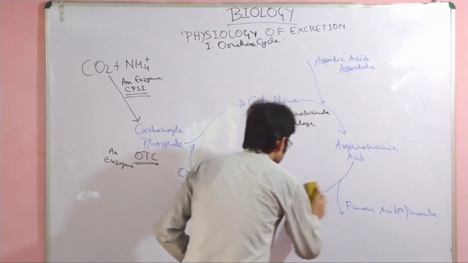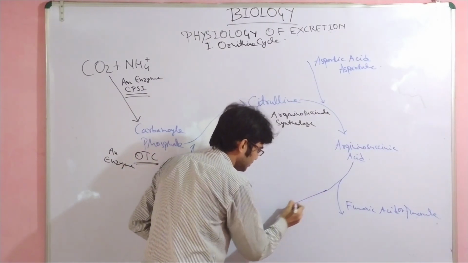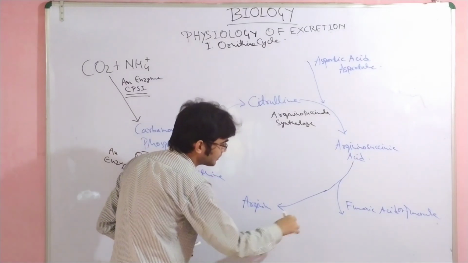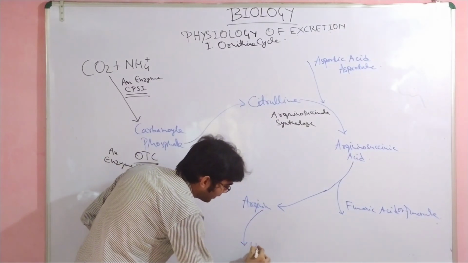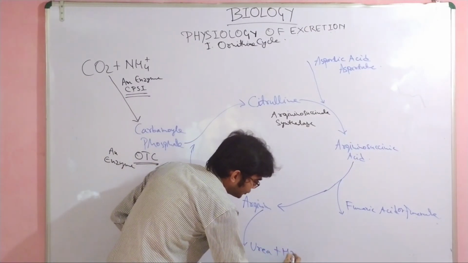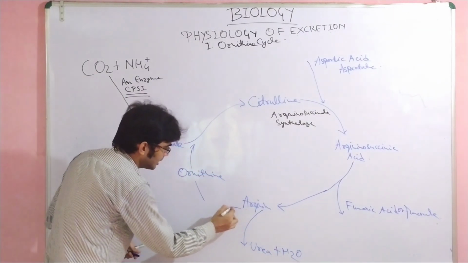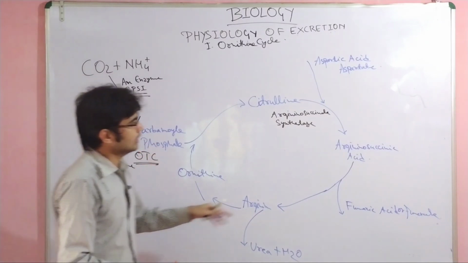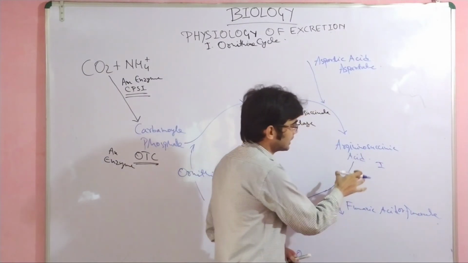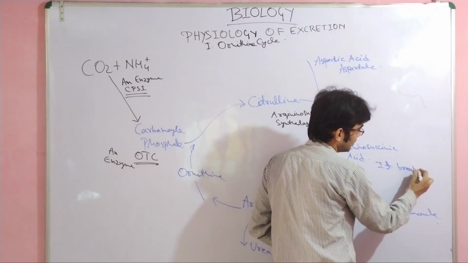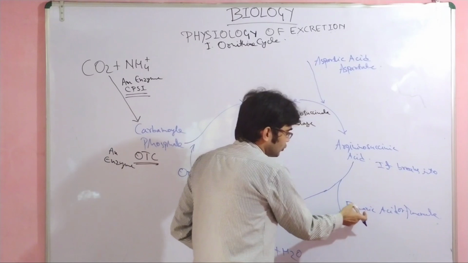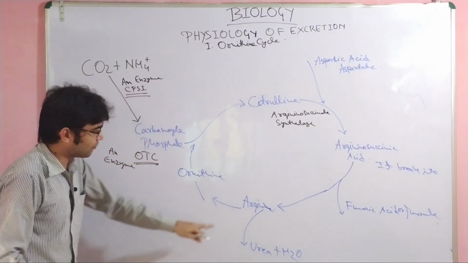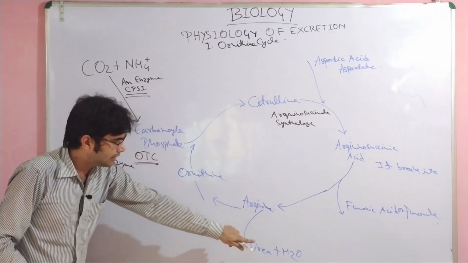So here arginine now splits into urea plus H2O, and this arginine yields ornithine, and thus the cyclic process continues. Here argininosuccinic acid breaks into fumaric acid or fumarate and arginine, and this arginine will further break into urea and H2O.